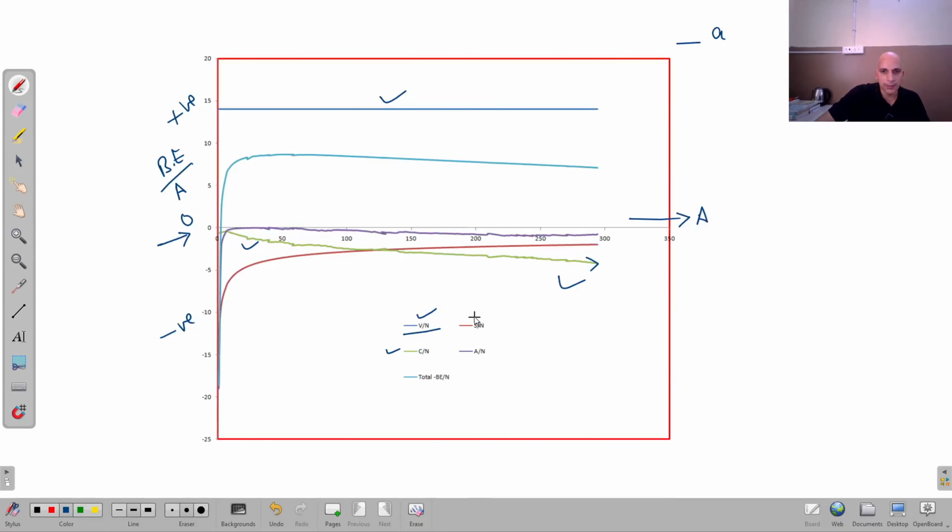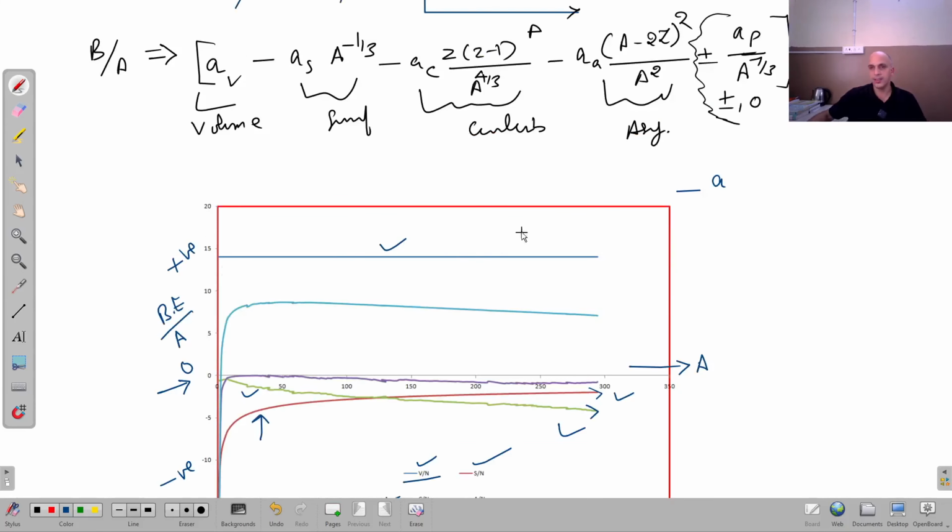So the surface energy term is this one, the red one. You can see here, this is the surface energy term: minus AS divided by A power 1 by 3. Now as the value of A increases, what will you get?